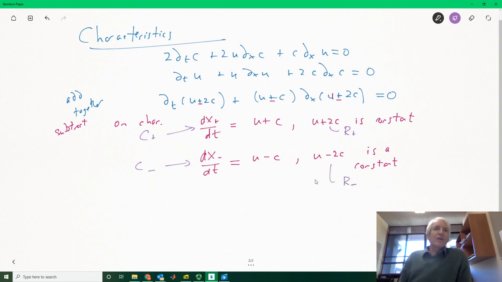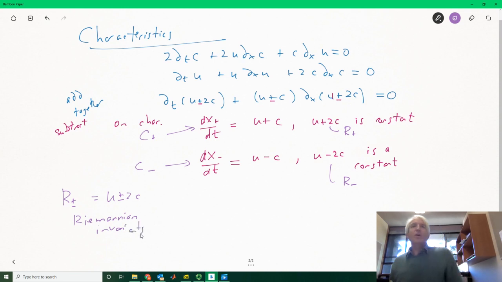I'm not sure how much we're going to use that notation. They're called the Riemann invariants, R+ and R-, which are u plus or minus 2c. Alright, so how can we solve this equation?